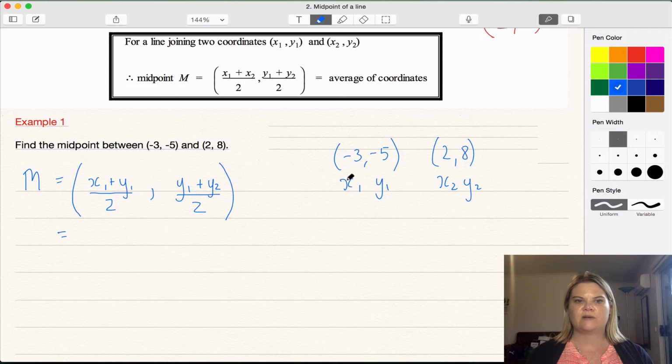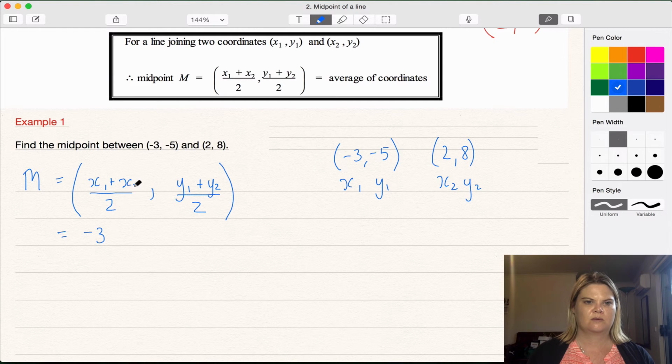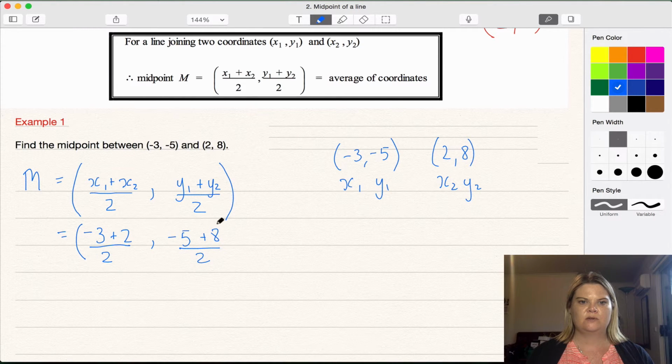Now I can substitute my values in. x1 is -3, and x2 is 2, so x1 plus x2 over 2, comma, y1 is -5 plus y2, which is 8, over 2.